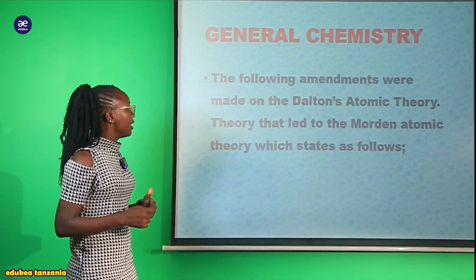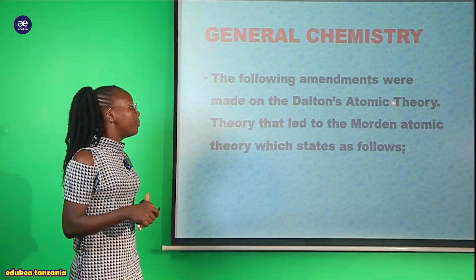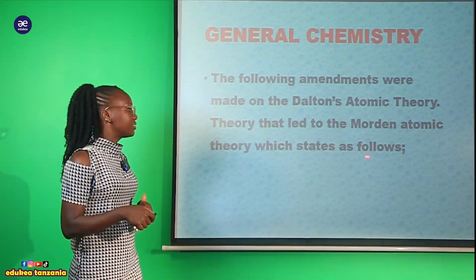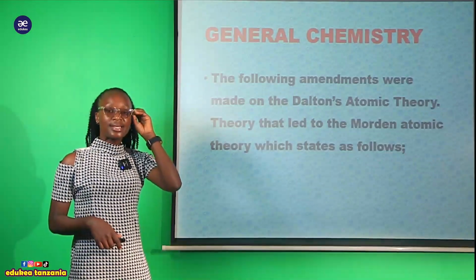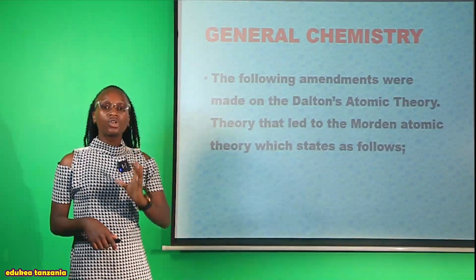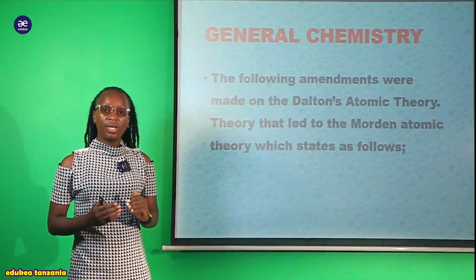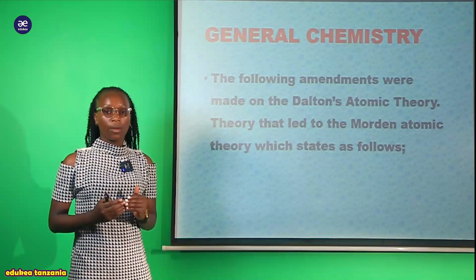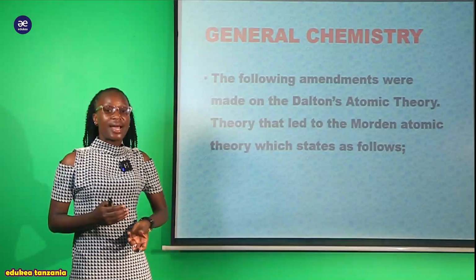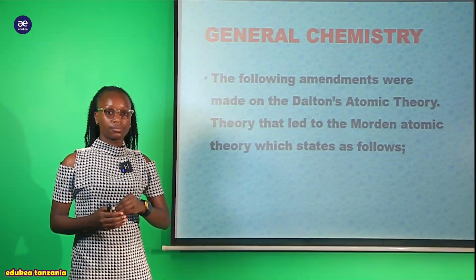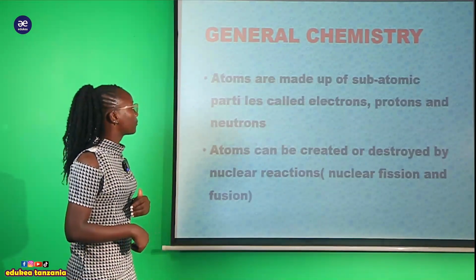So you can see the theory that led to the modern atomic theory, which states as follows. So now let us see the modern Dalton atomic theories, kwamba baada ya assumption zikaja modern one. So how about the modern?